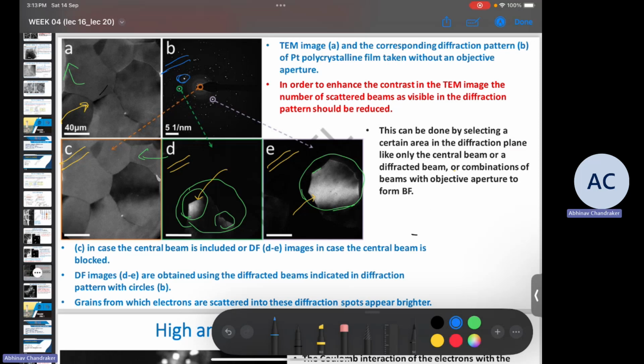It is only allowing certain beams to pass through, and all others get blocked. So in this way, any particular beam of our interest can be selected, and then we can look at the image which is formed for that beam only. In this case, by selecting different beams, we are forming either bright field image or different dark field images.